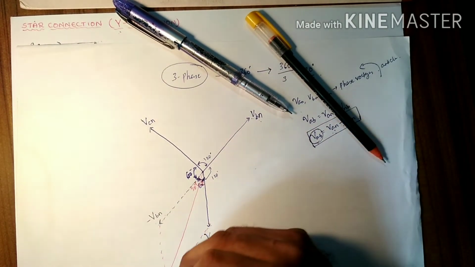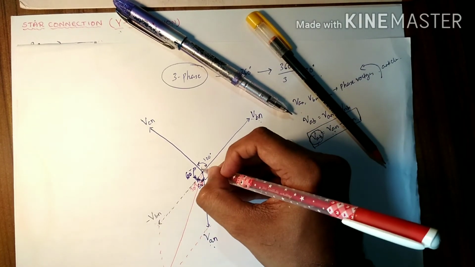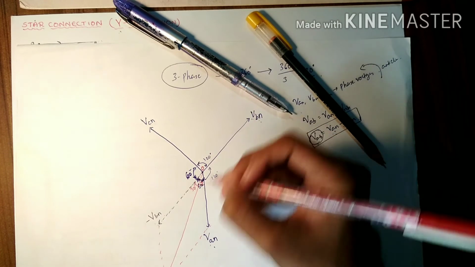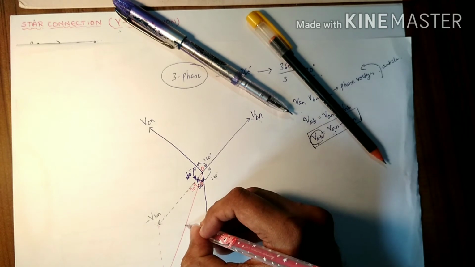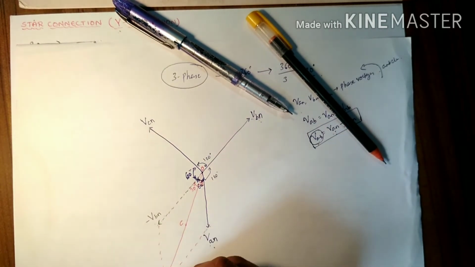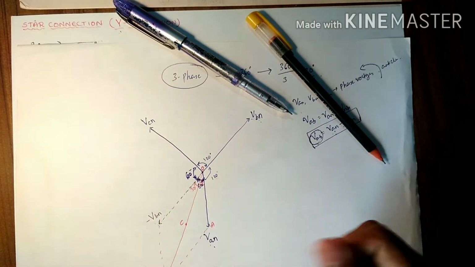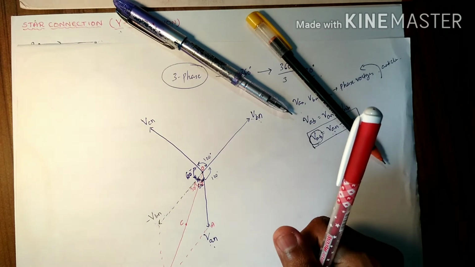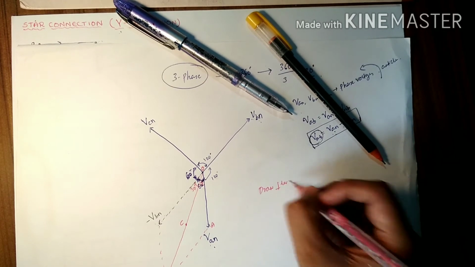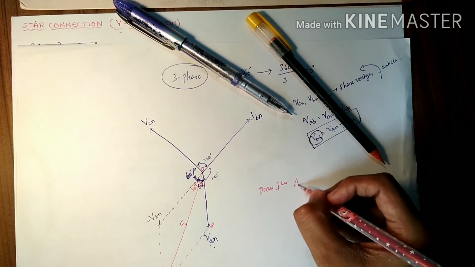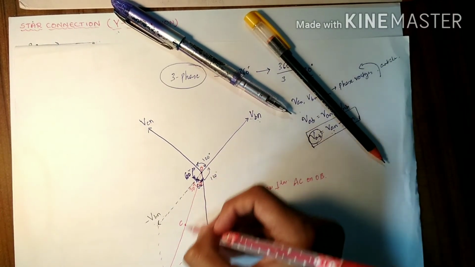Now you must name this. Let me take the center point as O, the midpoint of this as C, this as B and this as A. So O, A, B, C. Now the next step is to draw a perpendicular AC on OB.